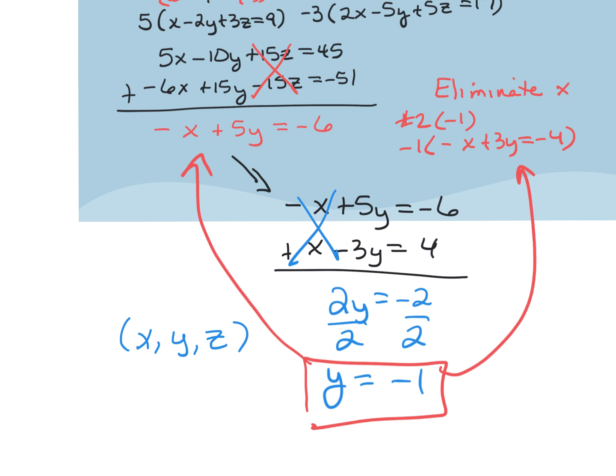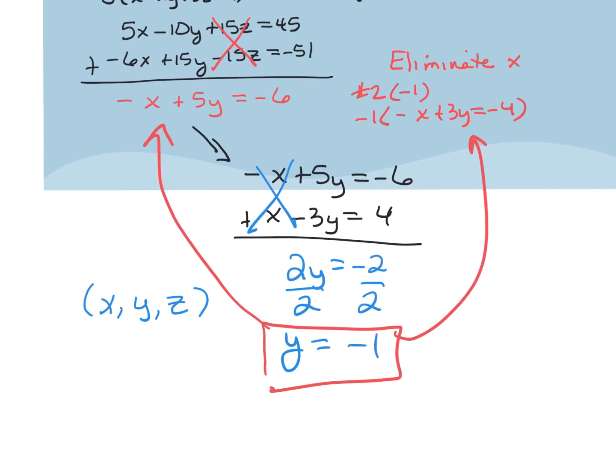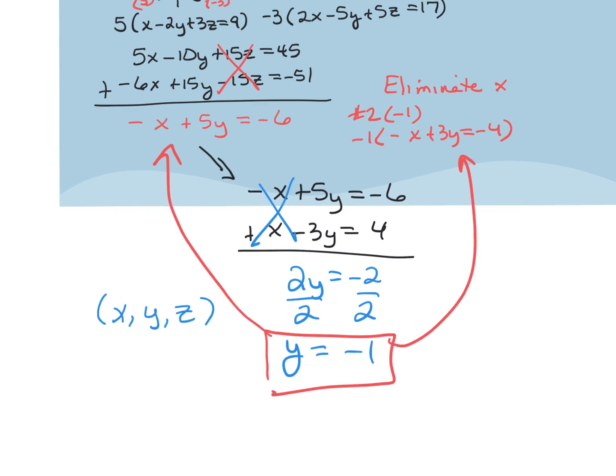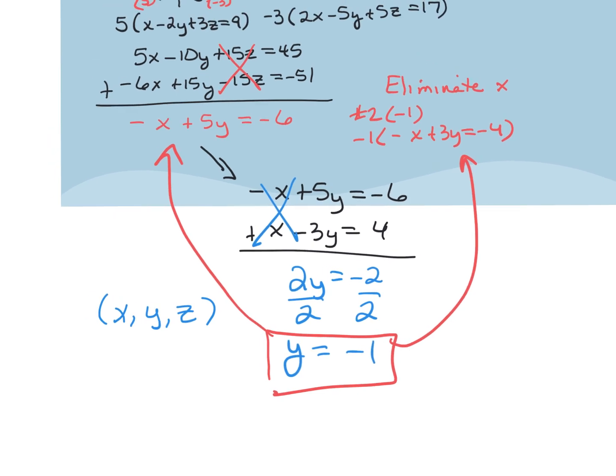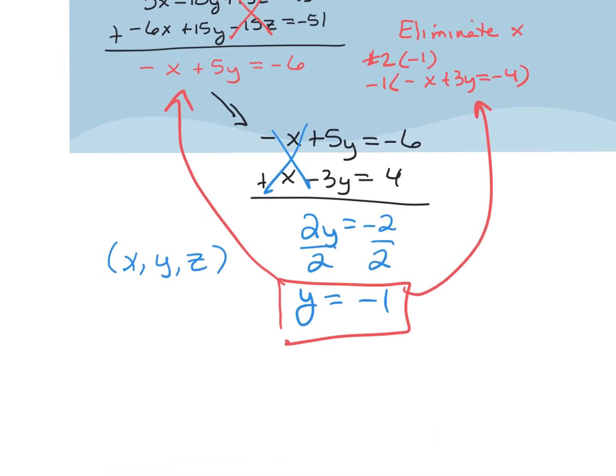You can choose, but it's the one step up where you have the two variables in it. I'm going to plug it into the left side. It doesn't matter. So I'm going to take negative x plus 5y equals negative 6, this one right up here. I'm plugging in y equals negative 1.